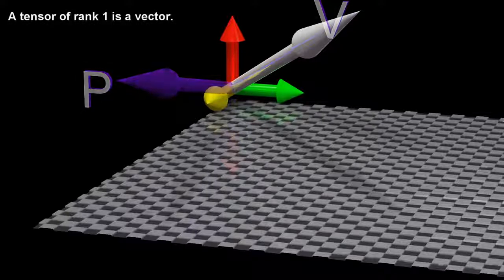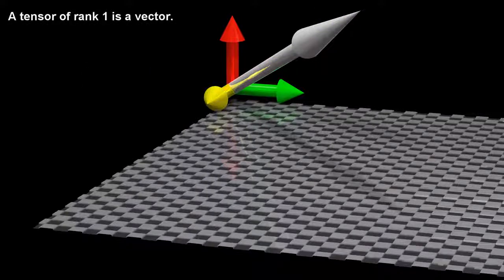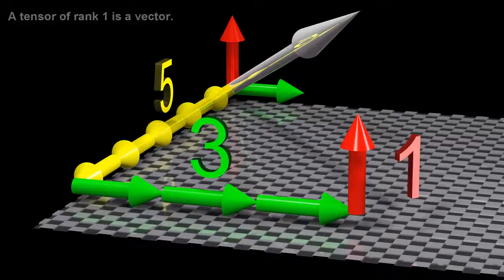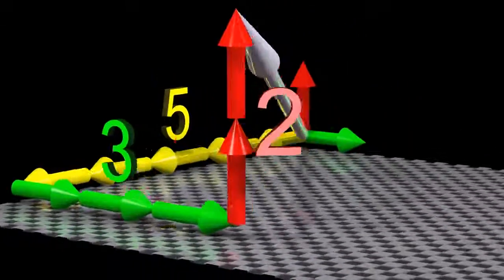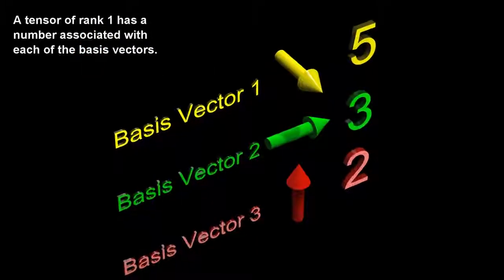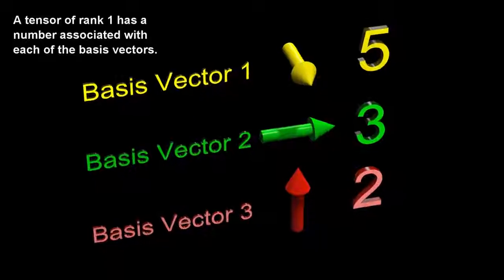A tensor of rank 1 is a vector. A tensor of rank 1 has a number associated with each of the basis vectors.